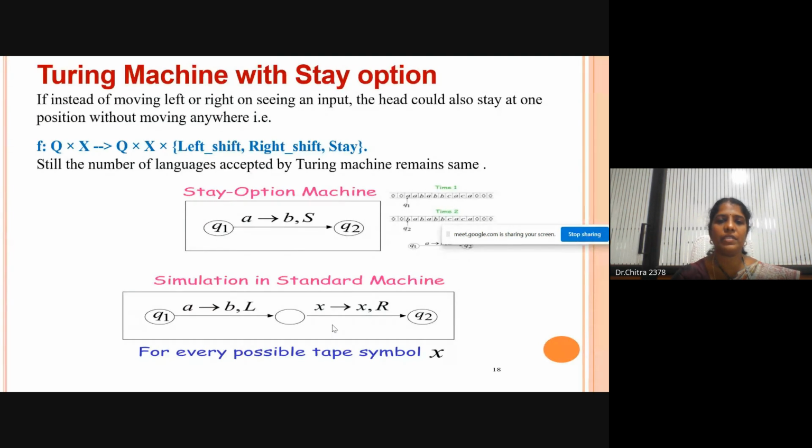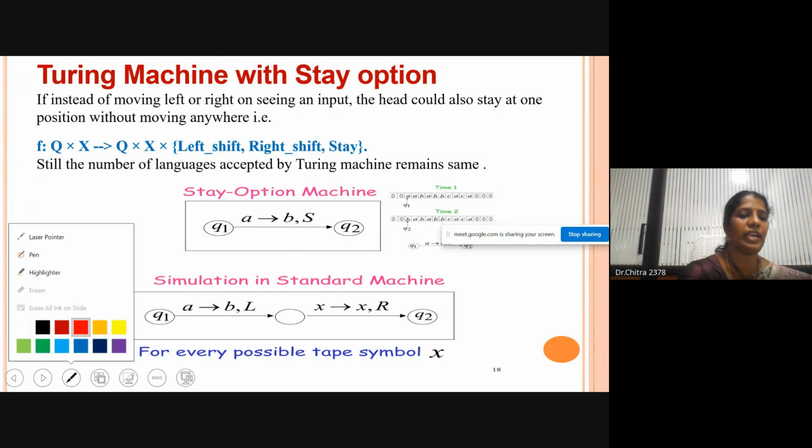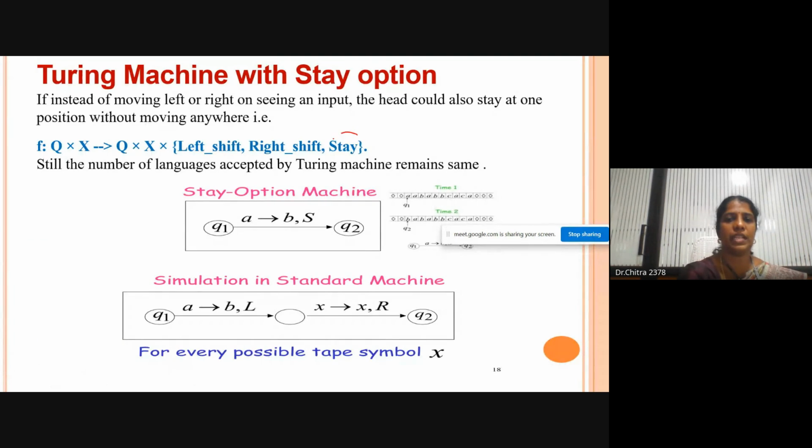Only one difference is there. Generally, left shift and right shift are there. In this Turing machine, in addition to left and right shift, one more option is there, that is the stay option. So instead of moving right or left, if the head stays in the particular position itself, that is called the Turing machine with stay option.